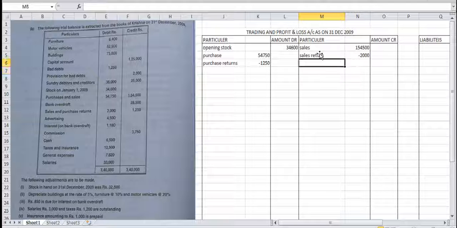So write here, closing stock is 32,500. Don't write it here, write here 32,500. So now we have completed.